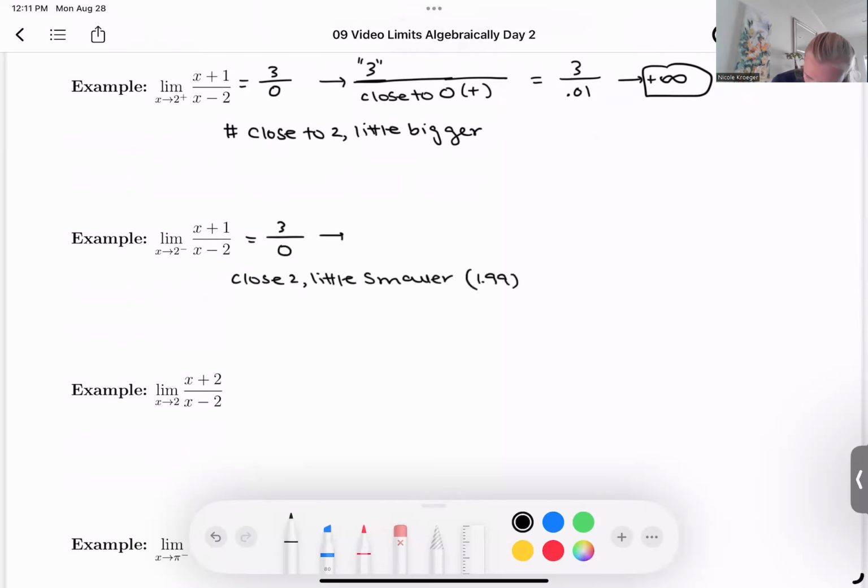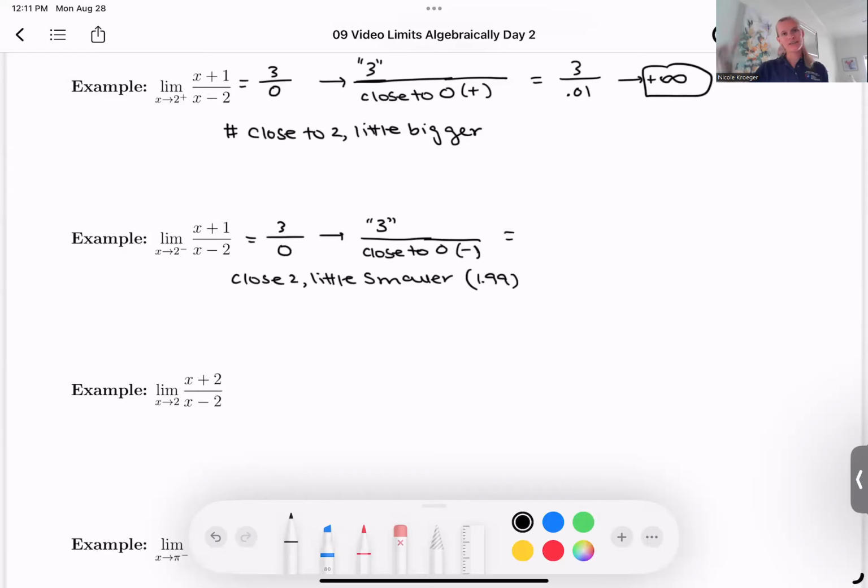My numerator is still going to essentially be 3. It'll be just a little bit smaller than 3, but that's okay. It's still essentially positive 3. My denominator is still going to be a number close to 0 because 1.99 minus 2 is still close to 0, but 1.99 minus 2 is negative. So this is a negative number close to 0.